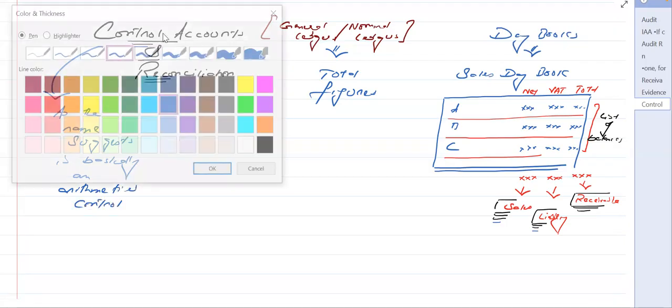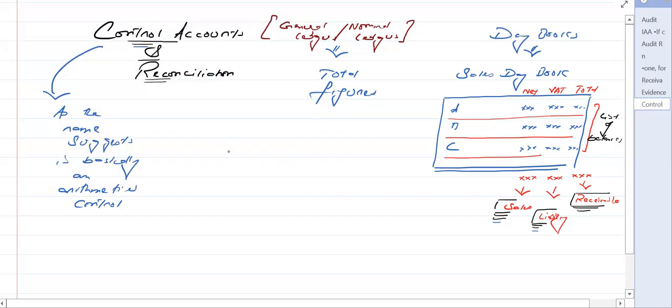How is this an arithmetical control? The total of the list of balances, that means the individual balances, should equal the control account figure.